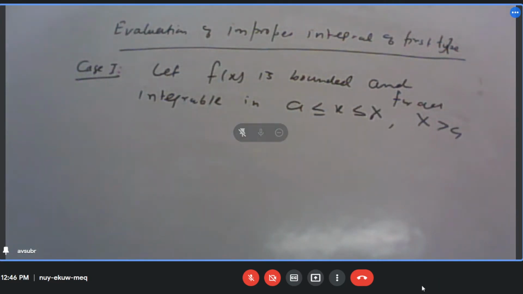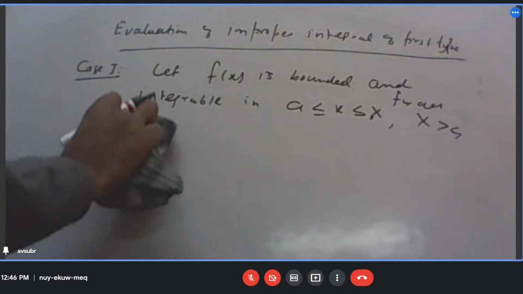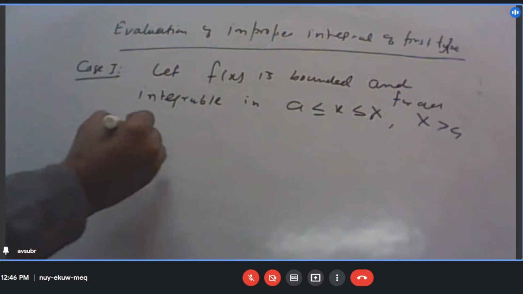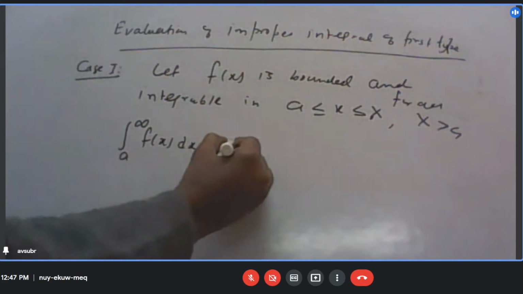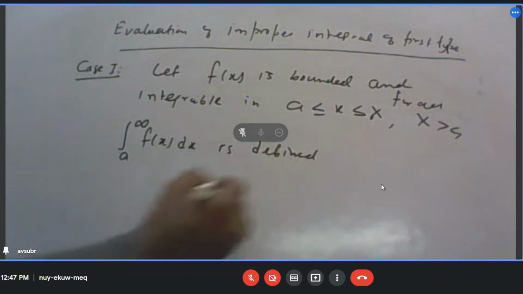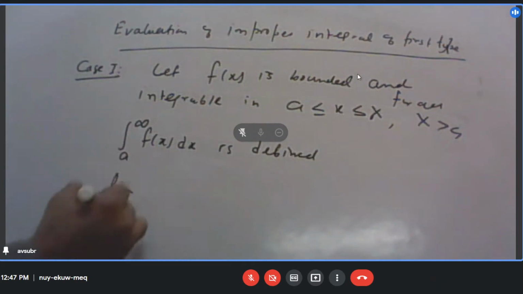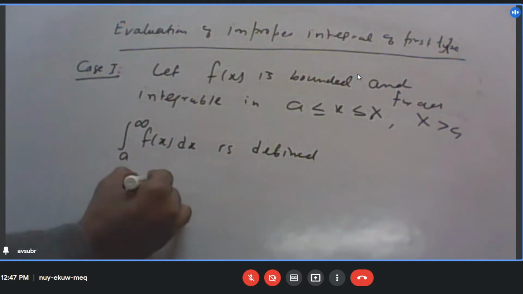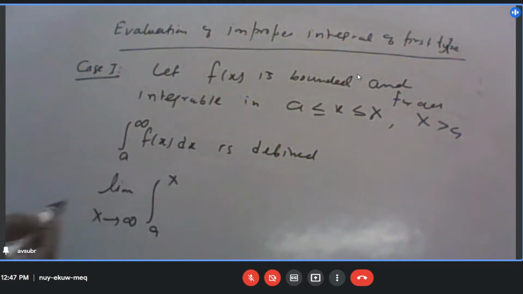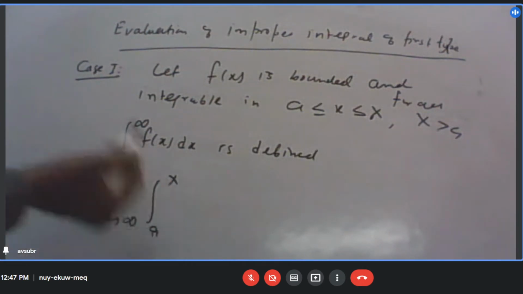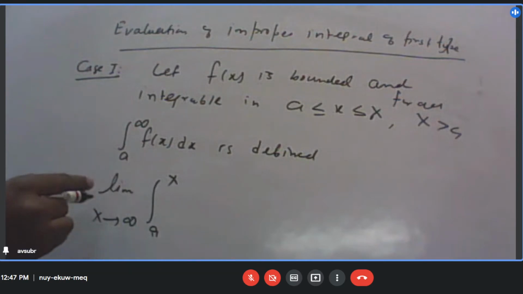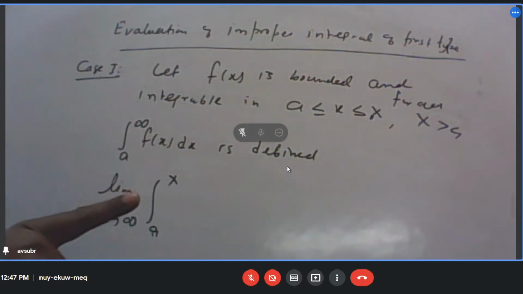Then the improper integral from a to infinity of f dx is defined as the limit as x tends to infinity of the integral from a to x. Just see that instead of this infinity I have put x over here, and I am saying that the limit of this x is tending to infinity.